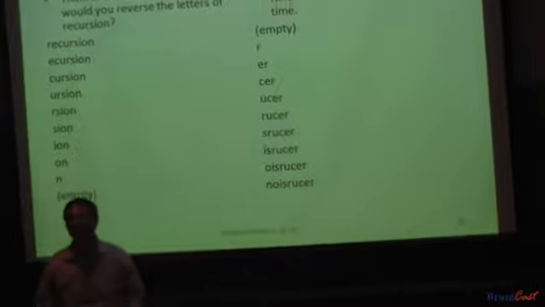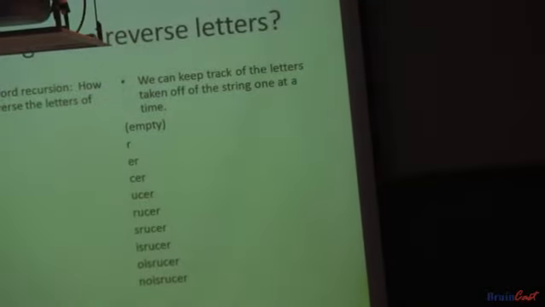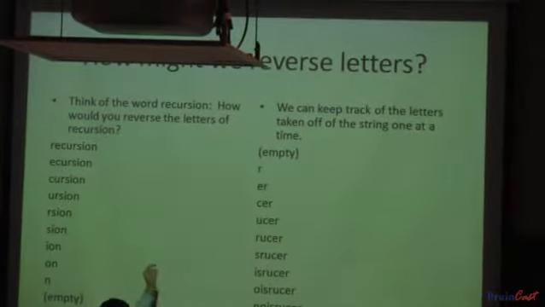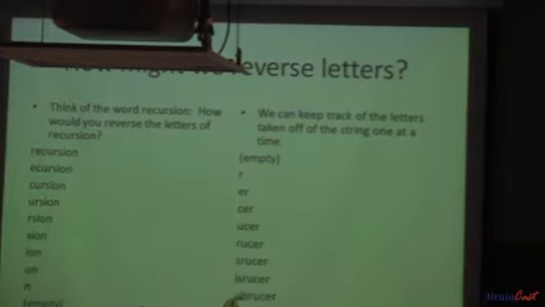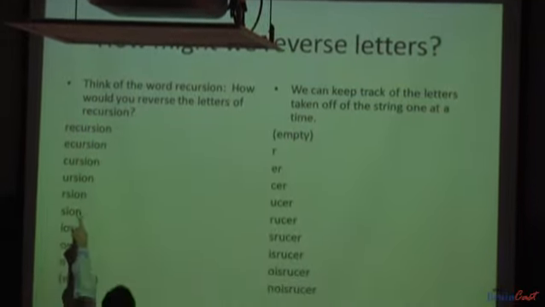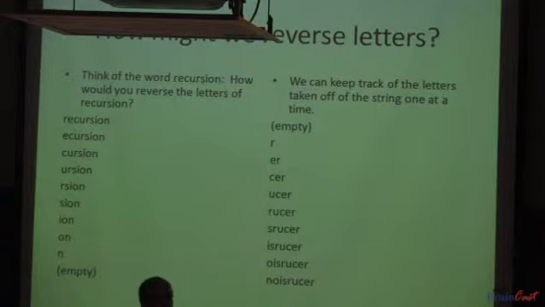Now go to the next line. What did I do? I took the first letter of the remaining word, and I left appended it to the r. Okay? What about the next line? I took the current first letter, C, and I left appended it to the ER. And then I kept going.